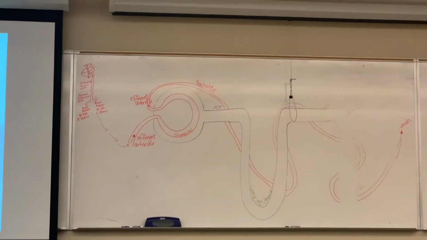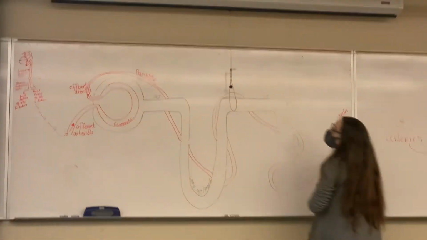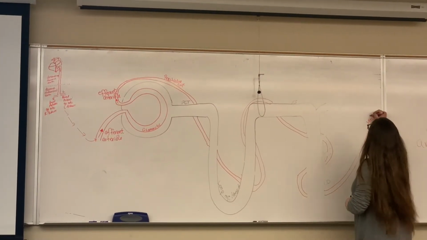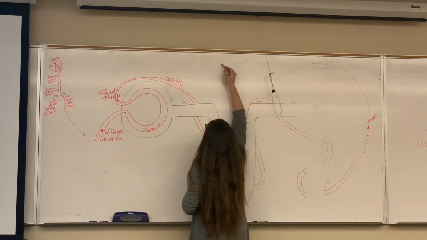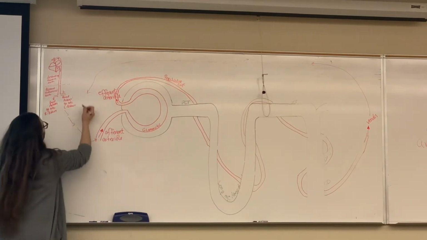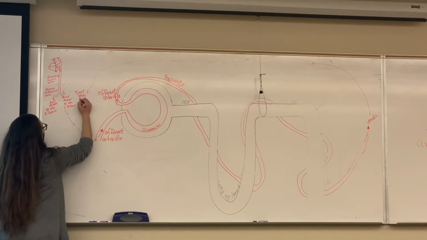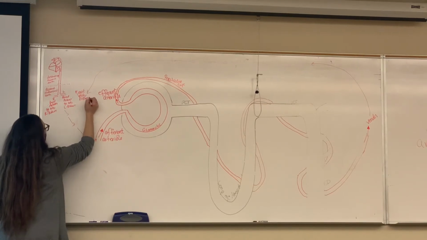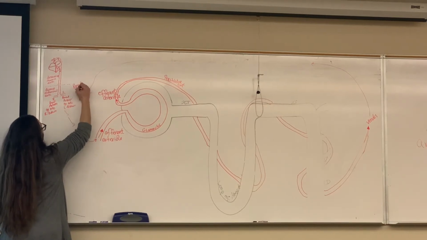So here we go, 1, 2, 3. And then we exit each kidney through the renal vein.